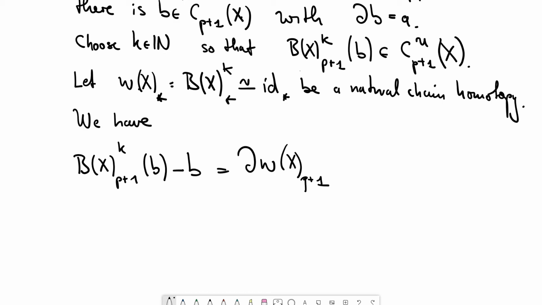Yes, it is. Plus W_X in degree p and the differential, and here there should be B. That's the chain homotopy relation for W_X star.